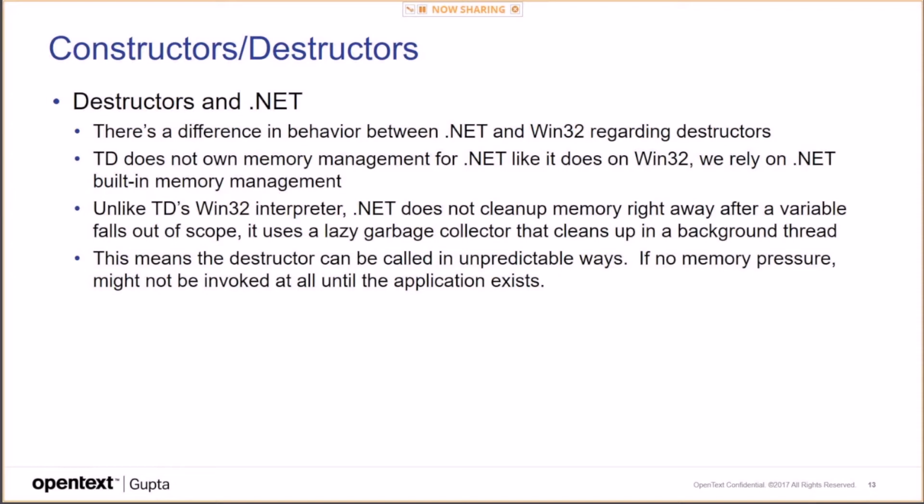It uses a lazy garbage collector that cleans up in a background thread. This means the destructor can be called in unpredictable ways, and if there is no memory pressure, it might not be invoked at all until the application exits. So keep in mind that you cannot totally rely on destructors being called on .NET right when you destroy the object.